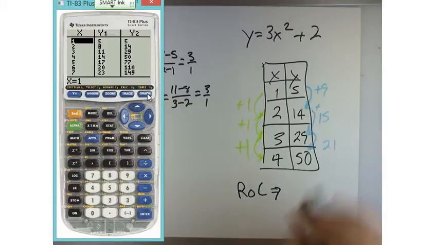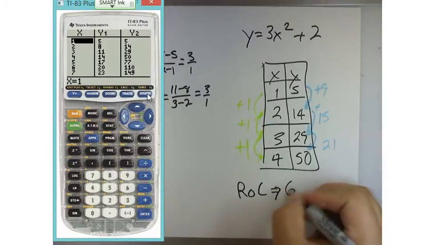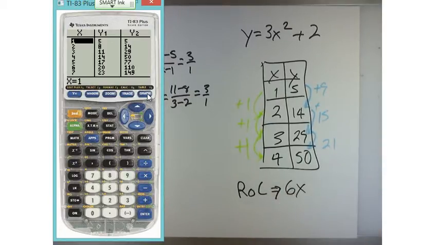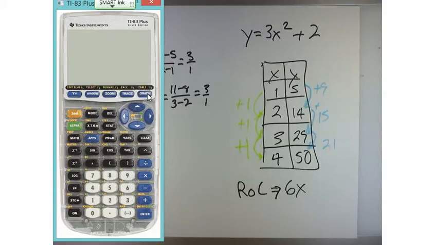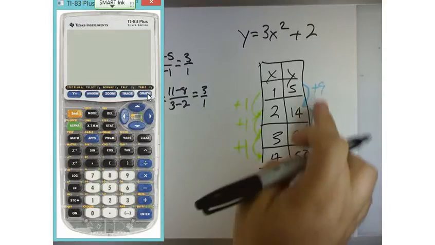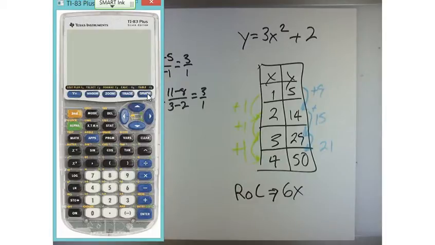Well, that rate of change, what we call a derivative, is actually 6x. And it's no accident. We add 6, add 6, add 6. And if we were to go through this long process, what we kind of covered yesterday, and we'll do it again, we would end up with 6x. And this equation of 6x would represent this rate of change every time. Does that make sense to you guys?